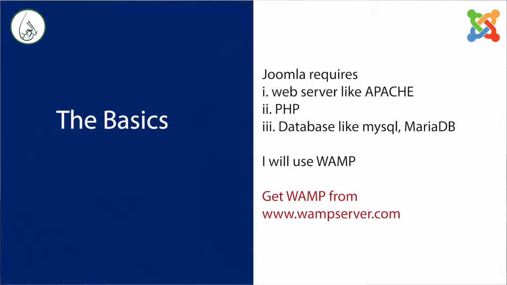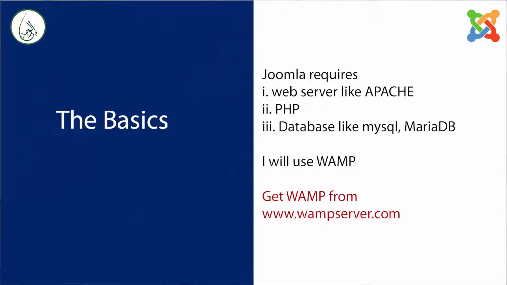So I have installed WAMP on this computer. You can get WAMP from wampserver.com and start using it. It's easily installable, just like any piece of software you install on Windows.